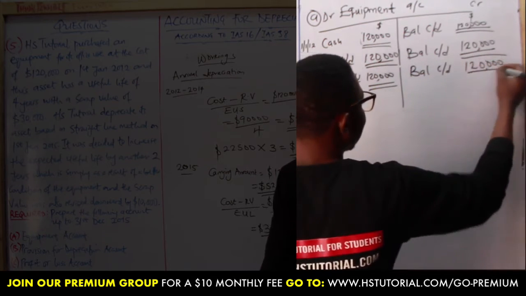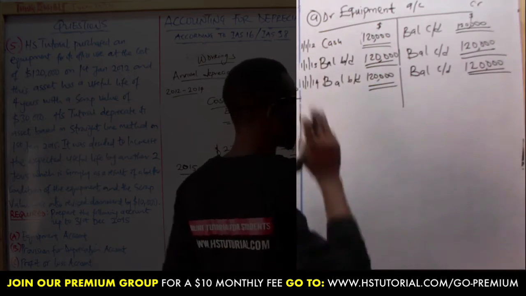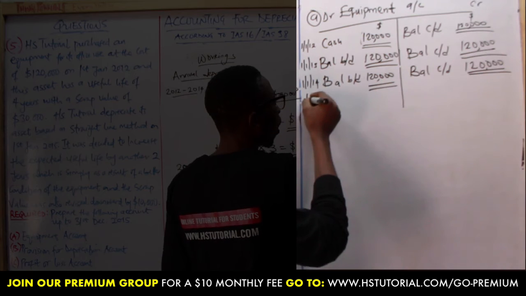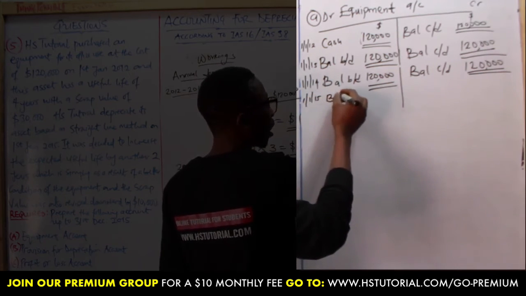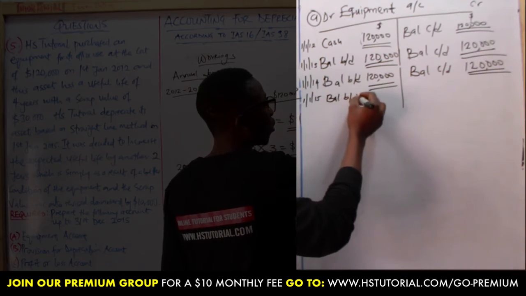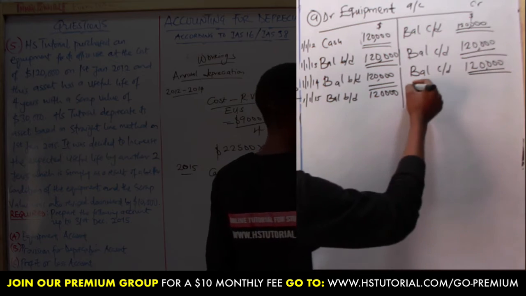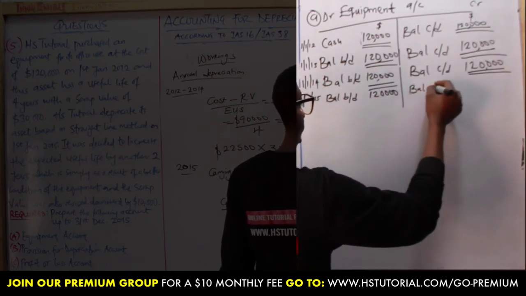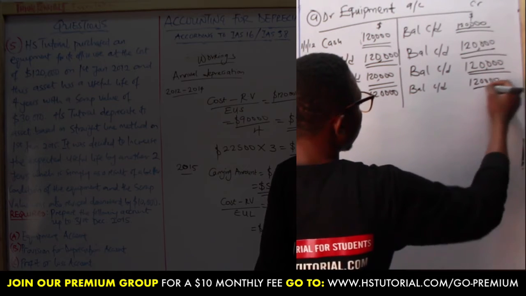That's how you spread it over the life of the asset. The asset is expected to be used for 6 years, so we are spreading it for 6 years. So it will be 1/1, the next one as well, 2015. Balance carried down, balance brought down, 120,000. Then you carry it down again. Balance carried down will be 120,000 as well.